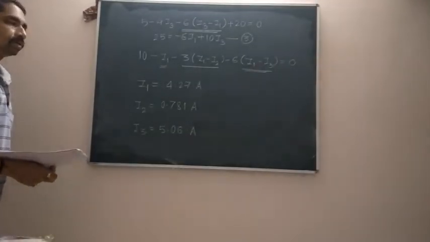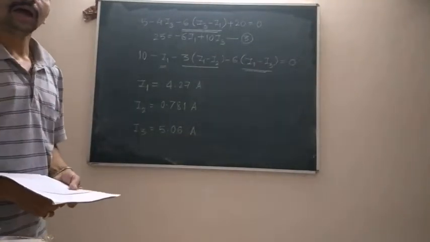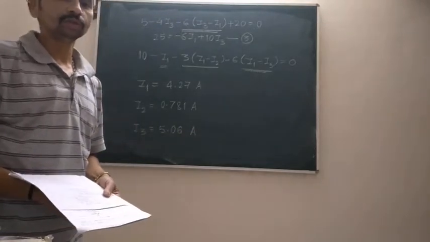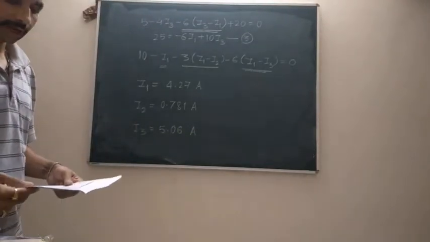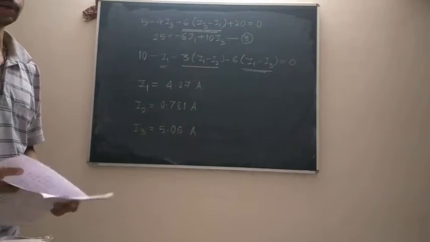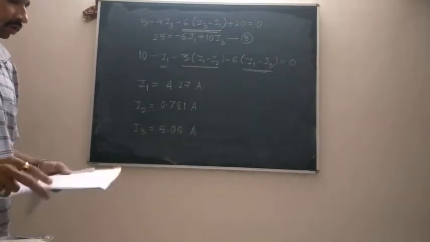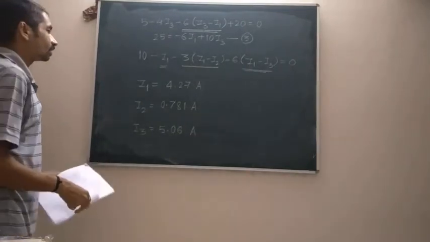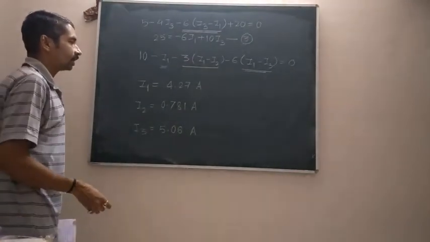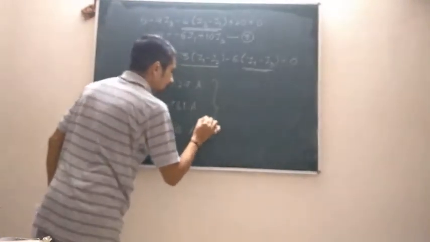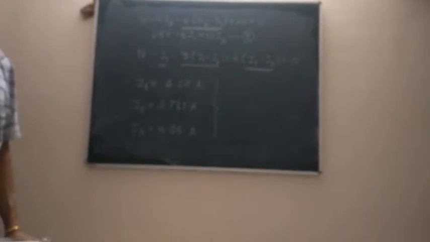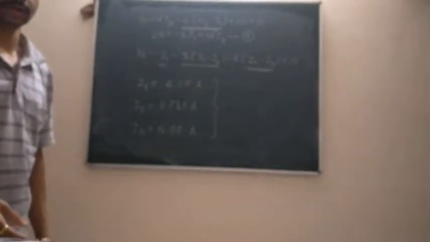It is better if you consider at least 2 digits after the decimal point, so that your answers will not vary too much. So if I do the analysis of the given circuit by KVL, I am getting these three values as the magnitudes of the three unknown loop currents.